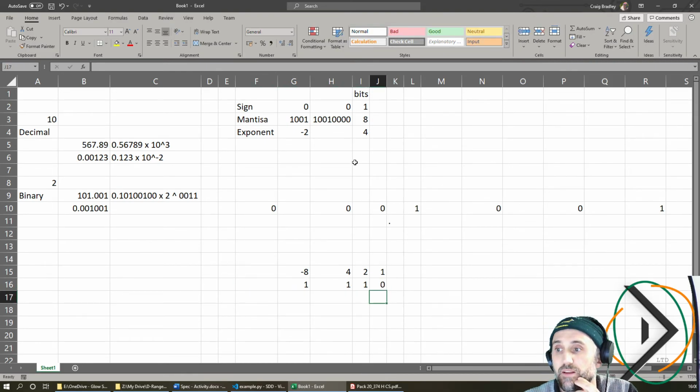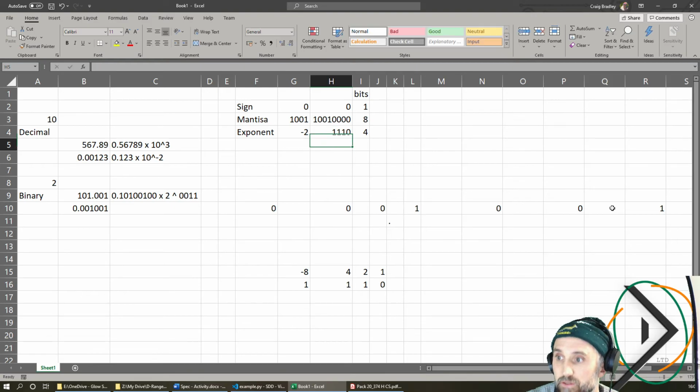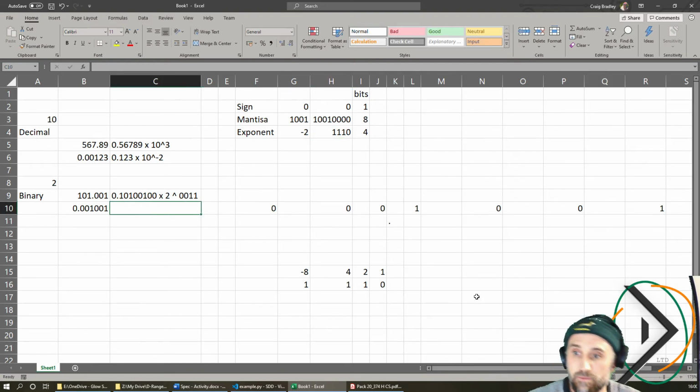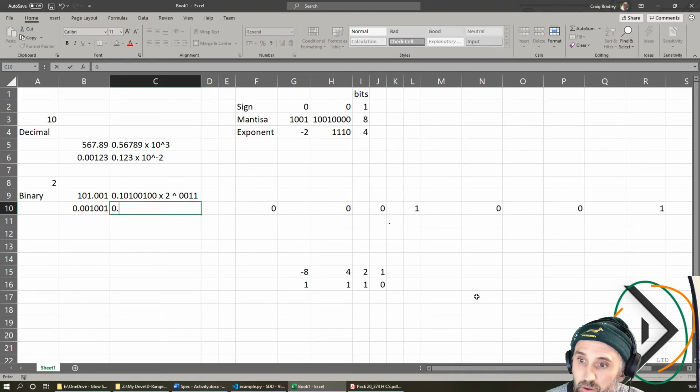That means my exponent is going to be 4 bits long, which is 1, 1, 1, 0. To represent that, it will be 0.1001 times 2 to the power 1110, which is my floating point notation.